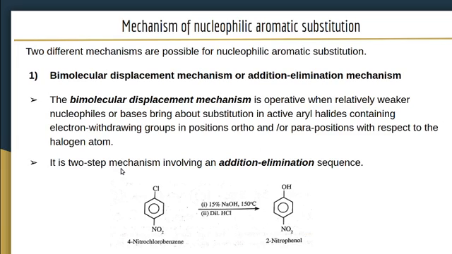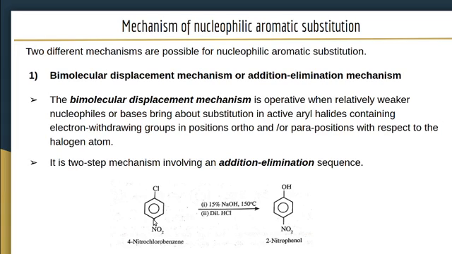It is also a two-step mechanism involving an addition-elimination sequence. In this mechanism, we have to replace the halogen by another nucleophile. Consider the reaction of 4-nitrochlorobenzene. This is the halogen. We have to replace this halogen by another nucleophile, the OH group. In this case, there is another group, the nitro group, present in the para position.